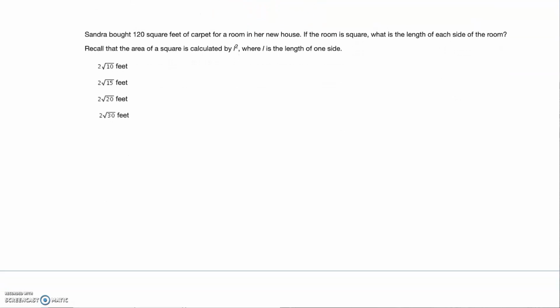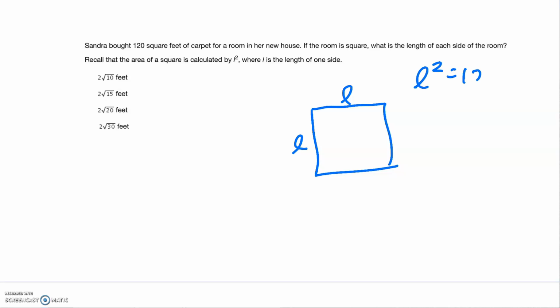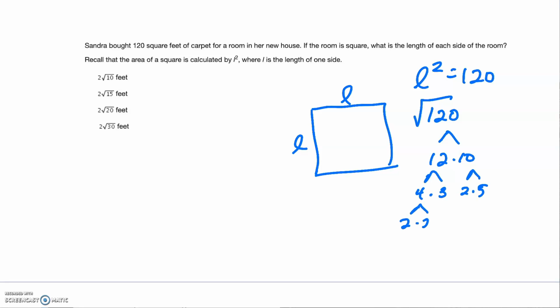This problem is talking about buying carpet. If we have a square room and she bought 120 feet of carpet, and I want to know what one side is, well, a square is L times L, which is L squared equals 120. So to solve this, we're just going to take the square root of 120, which we can simplify as 12 times 10. This is 4 times 3, 2 times 5, 2 times 2.